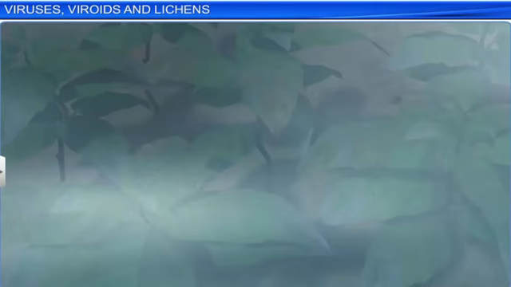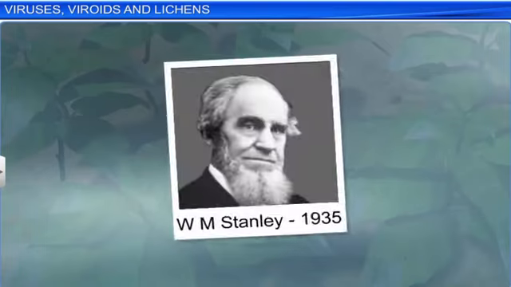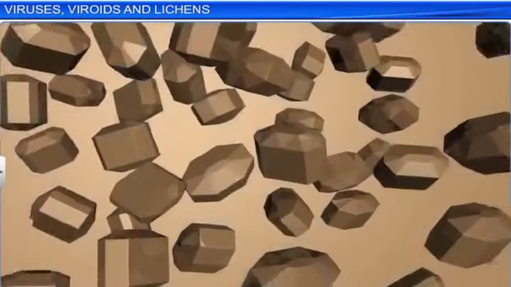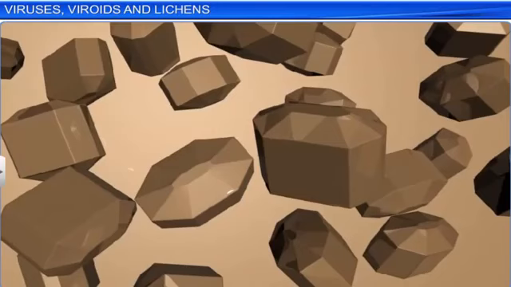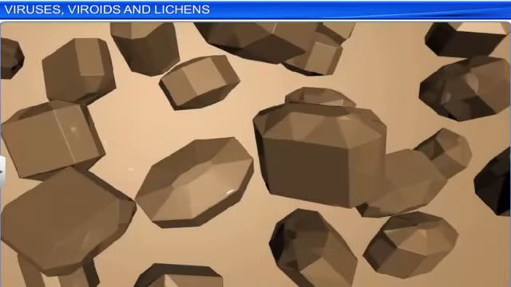He referred to the virus as contagium vivum fluidum, meaning infectious living fluid. W. M. Stanley, in 1935, further proved that viruses could be crystallized. This meant fluid could be converted into crystals. These viral crystals are mainly protein crystals.